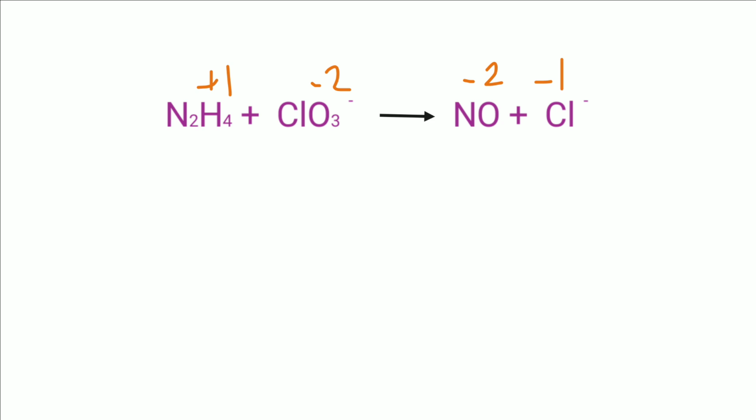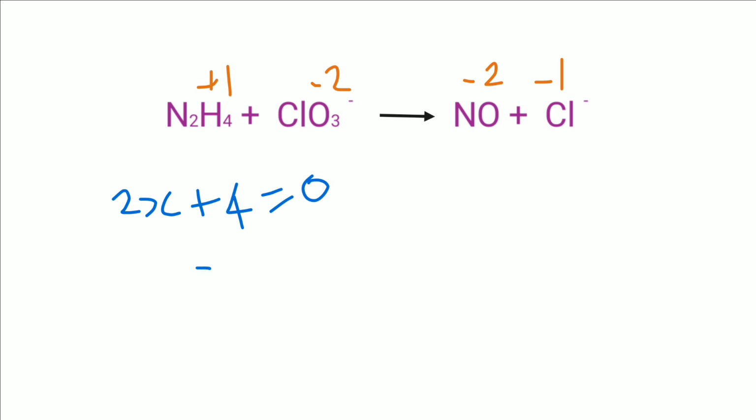Now nitrogen in hydrazine, we need to find the oxidation number. 2x + 4 is equal to 0, since the sum of the oxidation numbers of a neutral compound is equal to 0.